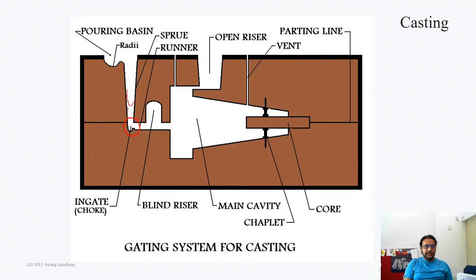So the material is coming down like this, and there's some amount of turbulence that gets equalized, and it starts filling in and pours down and fills properly.